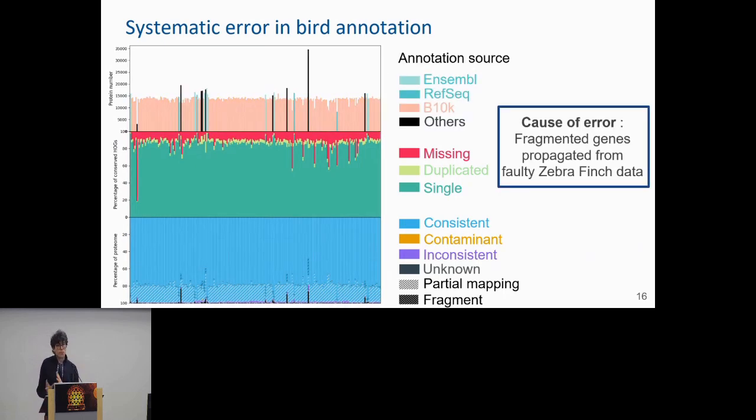Actually, the proportion of fragments correlates with the annotation source, and most of the B10K annotated genomes, which were published really recently, have these fragments. When investigating the results, we could find evidence that this is due to the annotation process, where existing fragmented genes from the previous zebra finch proteome were used to annotate these genomes, and the fragments that were present in these original proteomes were also translated there.